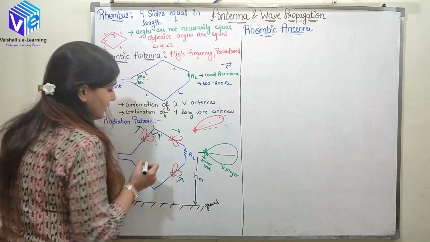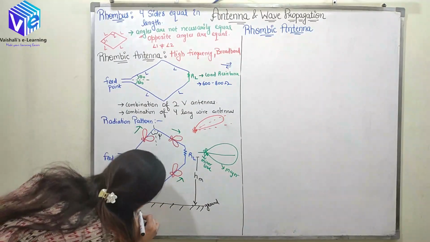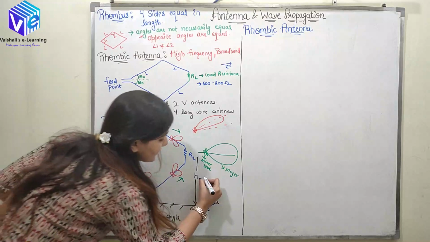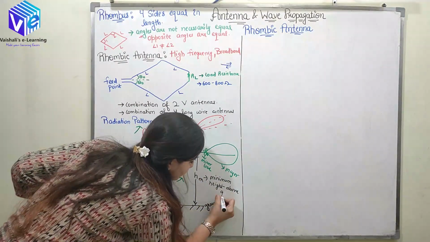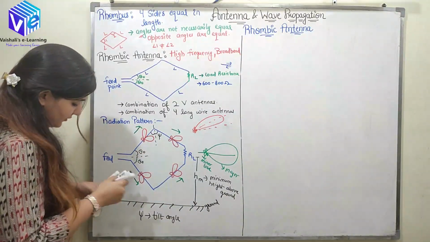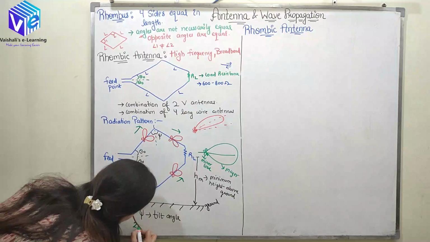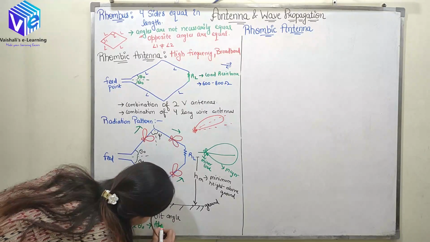HM is the minimum height above ground. Theta naught is the angle, and 2 theta naught is called the apex angle.